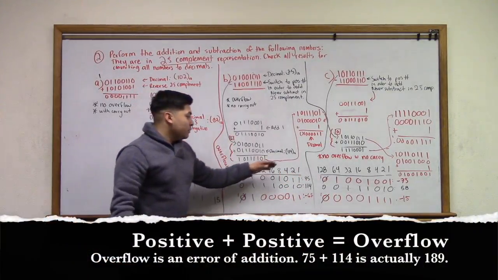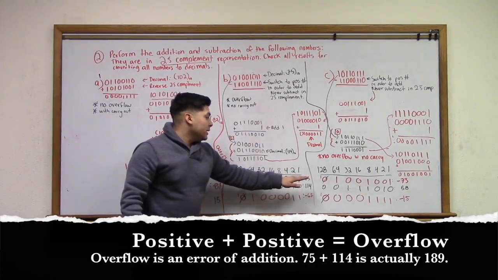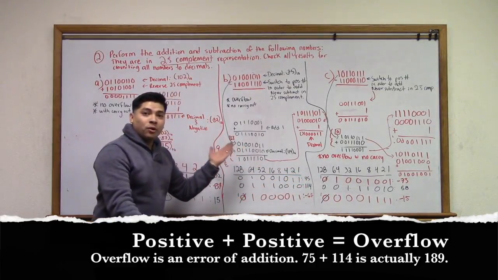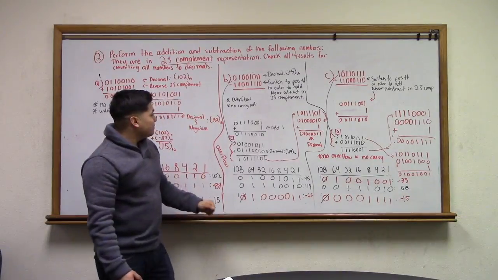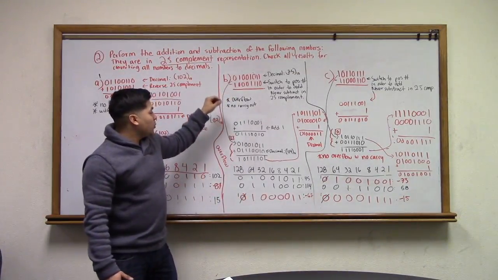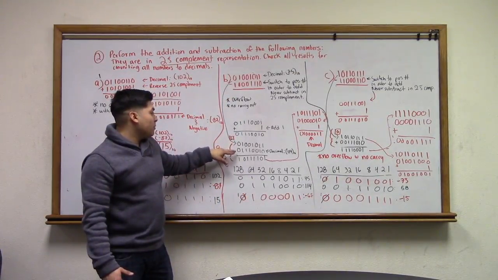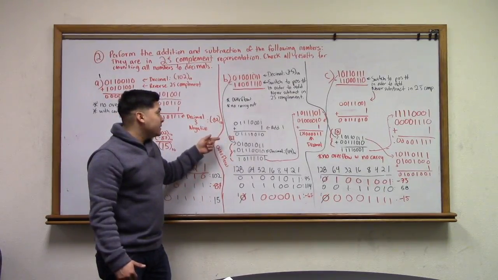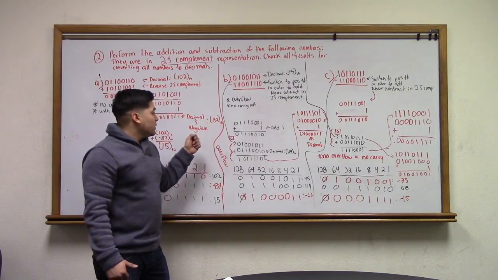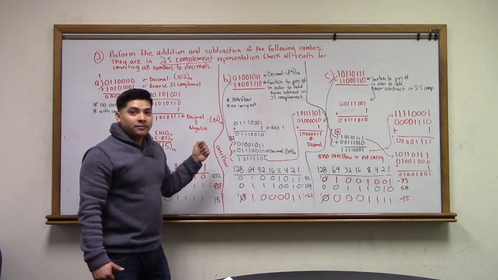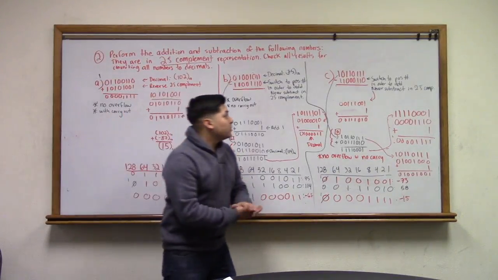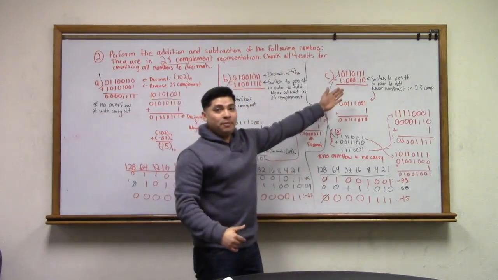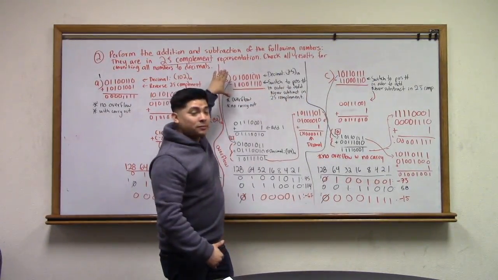Now, because we're adding a positive and a positive, we have overflow. And while we added our problem, there were no excess numbers, and hence there is no carryout.